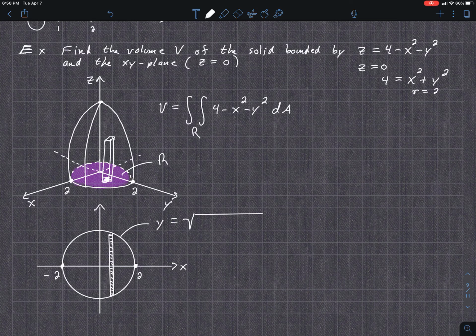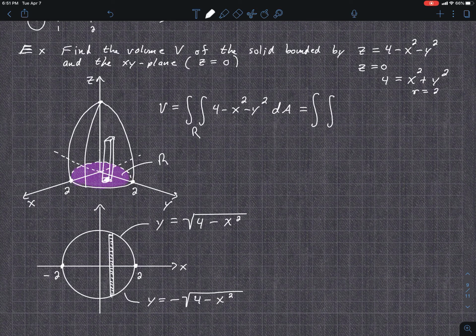But that is y equal to the positive square root of 4 minus x squared, and then the bottom half would be y equal to negative the square root of 4 minus x squared. And you would integrate from -2 to 2.